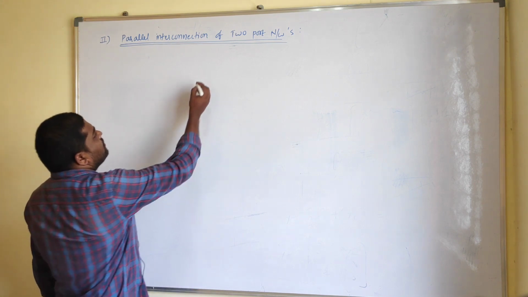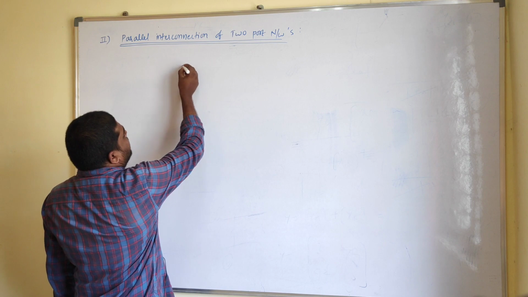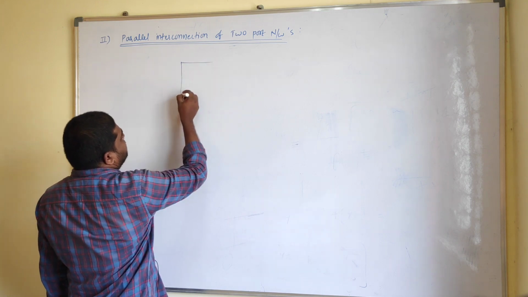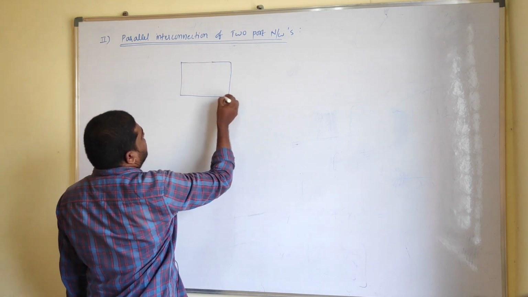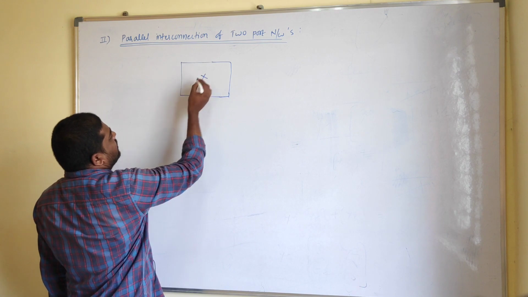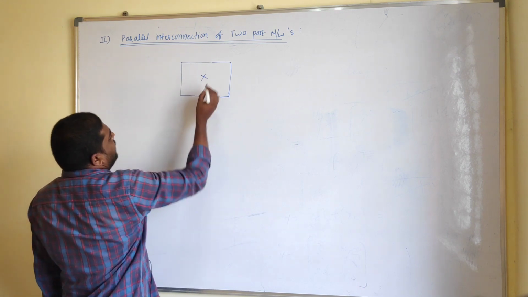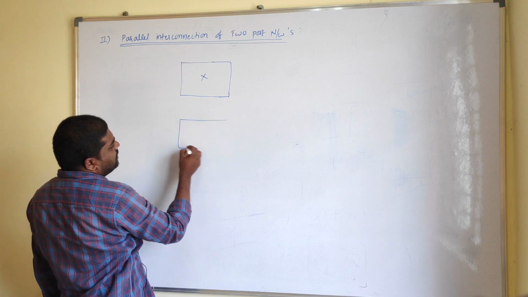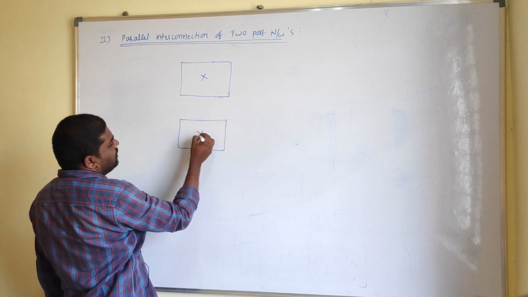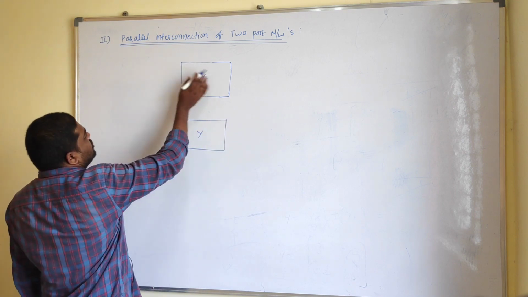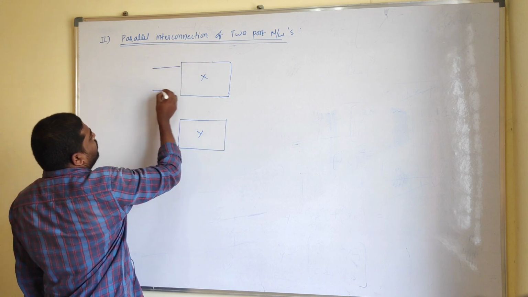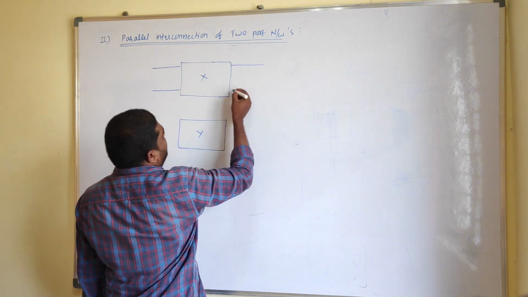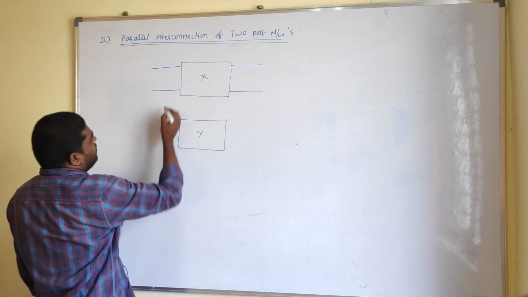So, for example, this is your X two-port network. This I am denoting with X. Next, similarly, another two-port network, that is the Y two-port network. The X two-port network has four terminals, port 1 having two terminals, port 2 also having two terminals.